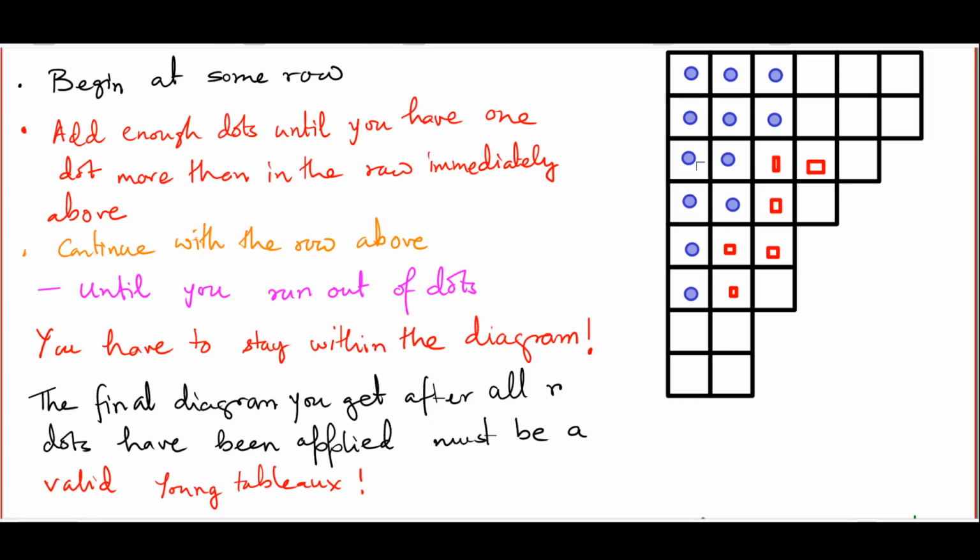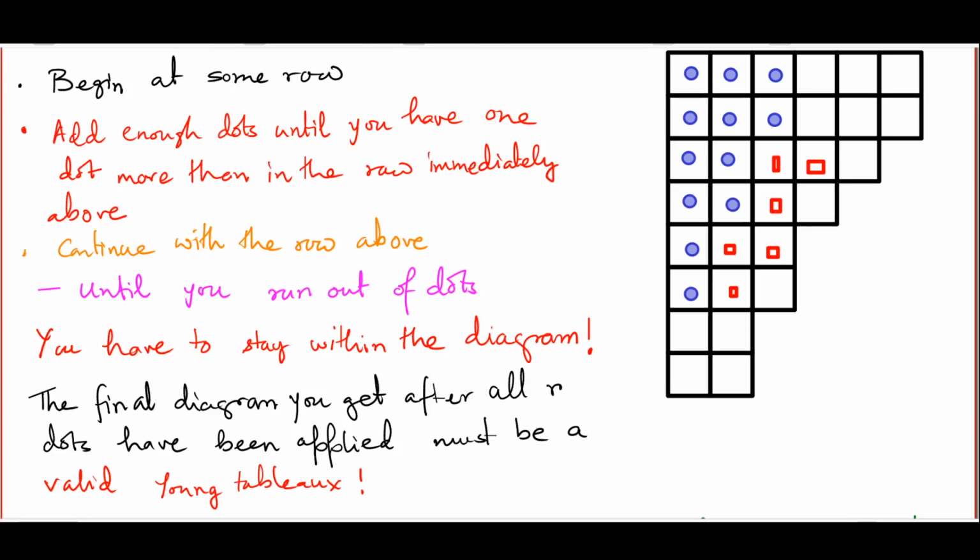So if you stop at a stage like this, then your particular application is not a regular application and it's not a valid thing to do. In other words, you will not be able to start in this row and add 5 dots in this particular case. So what you have to do is keep on adding dots in this way until all the regular applications have been done. Figure out all possible ways in which you can fill up the Young diagram while adhering to these rules.